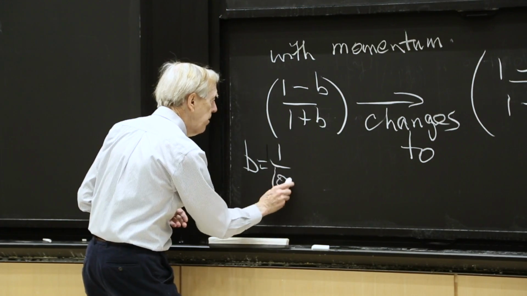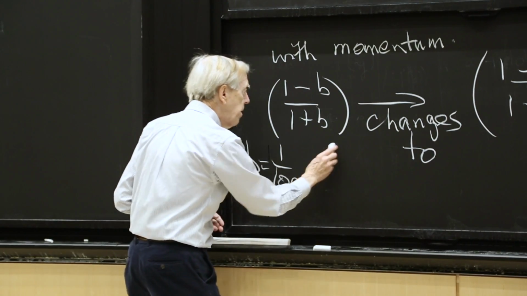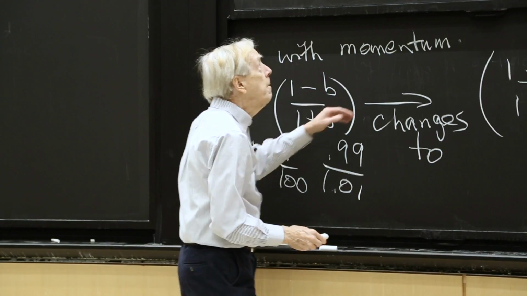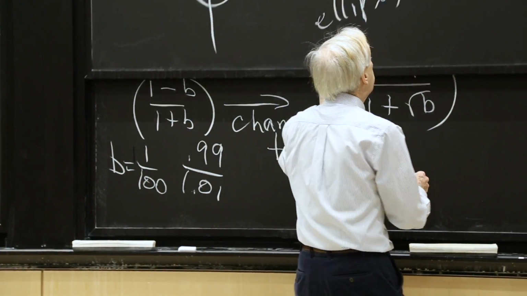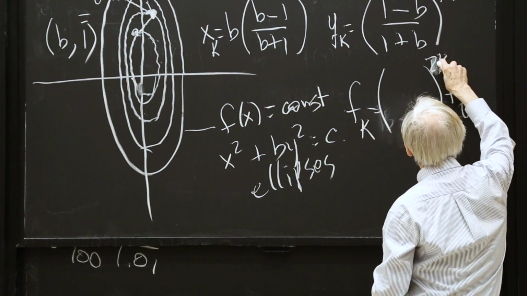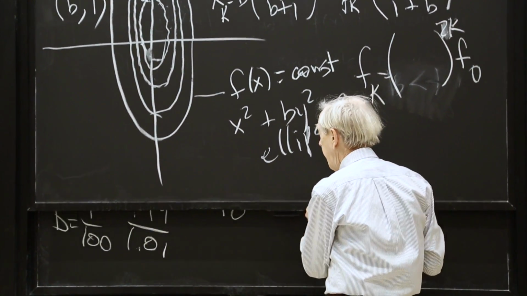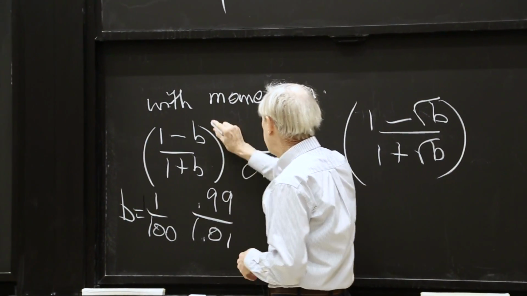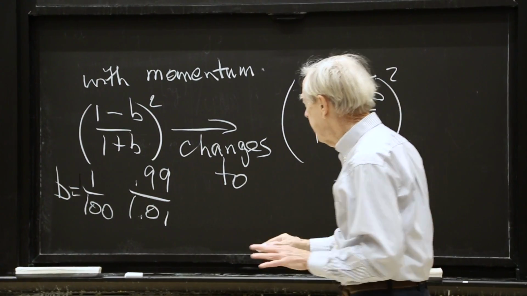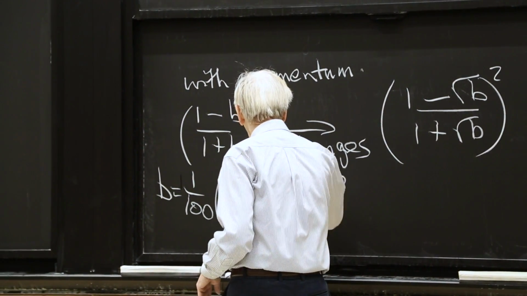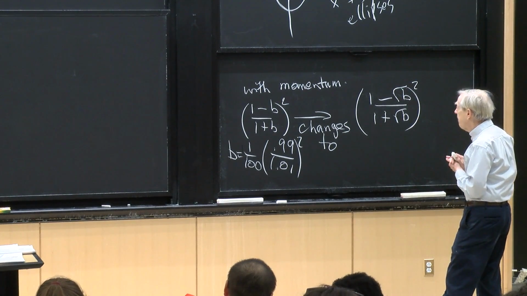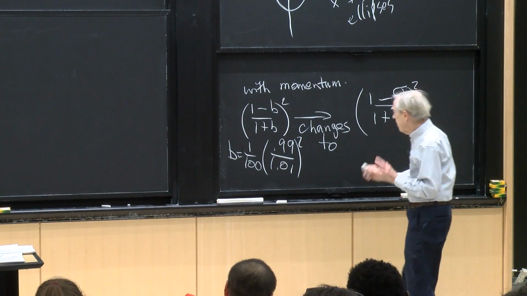If b is 1 over 100, then this is 0.99 over 1.01. Oh, I think there's a square here, 2k. So I'll just keep the square there. No big change, but I'm looking now at the square.